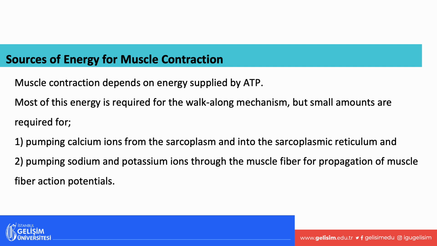Another energy-dependent process that's involved in muscle contraction is the pumping of sodium and potassium ions through the muscle fiber. This process is necessary for the propagation of muscle fiber action potentials. And if you don't know what that is, an action potential is another term for, what did we say we can call it?